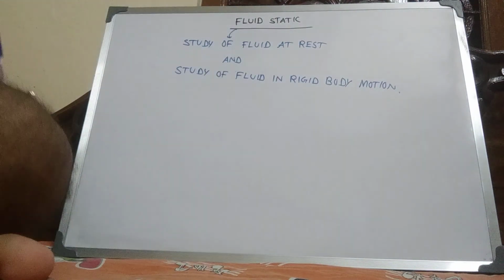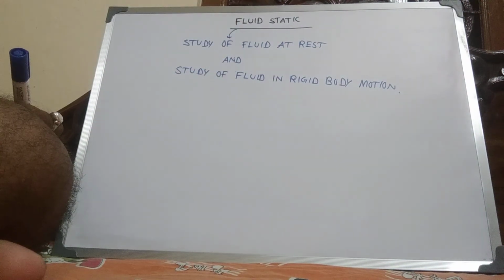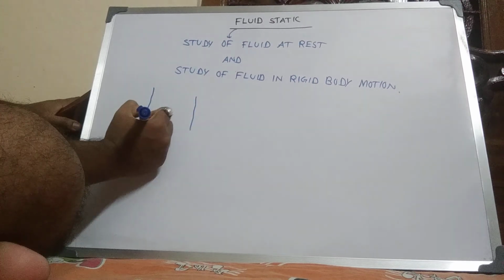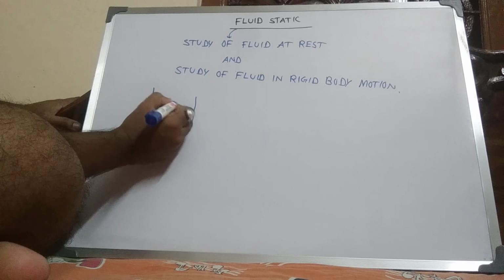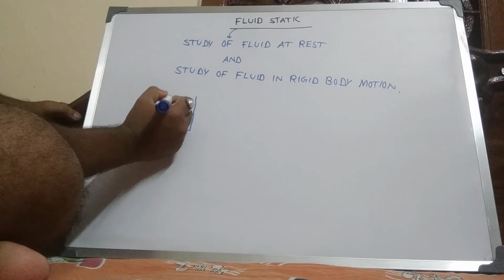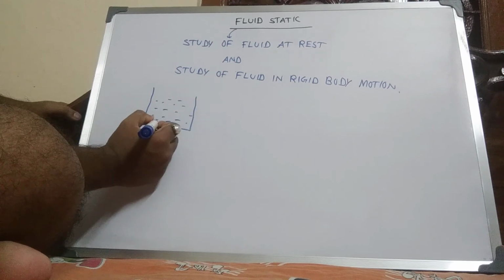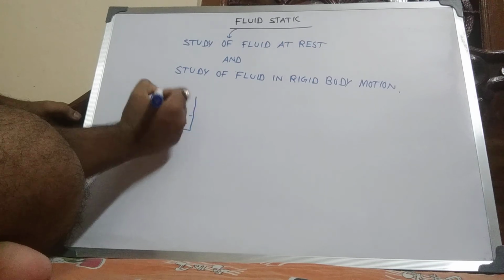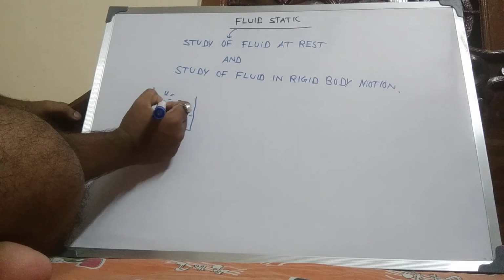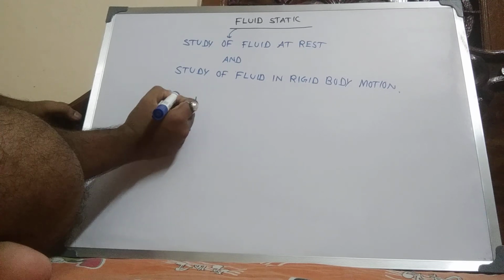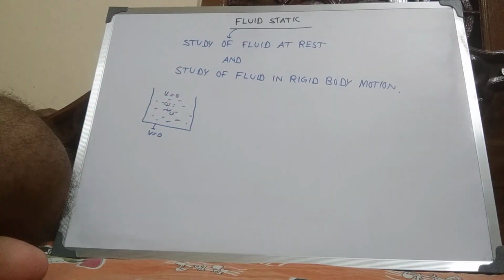What is the meaning of this? This is the container, fluid at rest. Here the velocity of the container is 0 and the velocity of the molecules of fluid is also 0 because it is at rest.